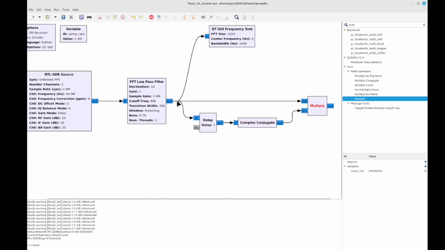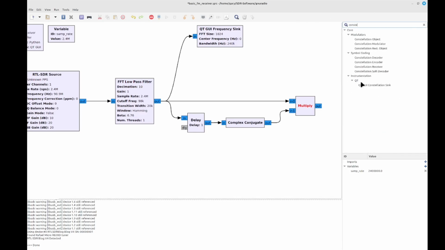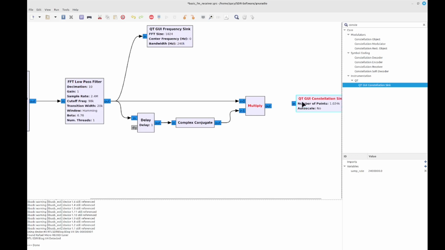So I'm going to multiply one sample against the delayed, in other words the previous sample, which has also been conjugated, meaning that its phase has been flipped from positive to negative or negative to positive, depending on which way it was. And when I do that, I'm going to show you the complex constellation.